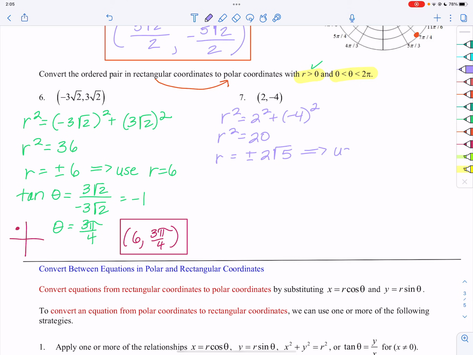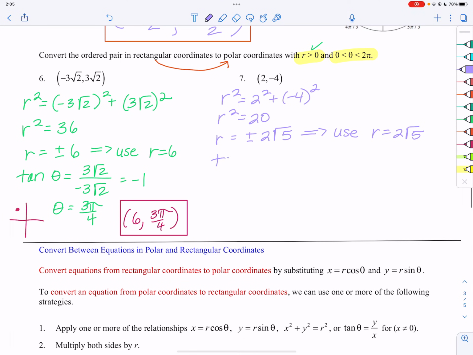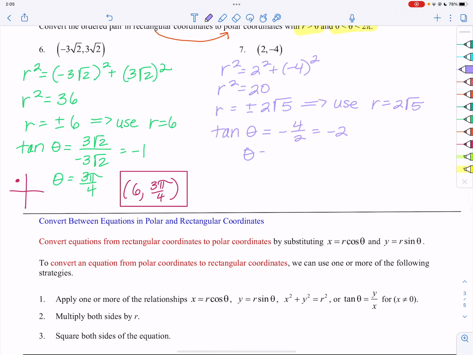And we will use r equal to the positive 2 root 5. So the tangent of theta is the opposite over the adjacent, negative 4 over 2, which is equal to negative 2. So theta is the tangent inverse of negative 2.